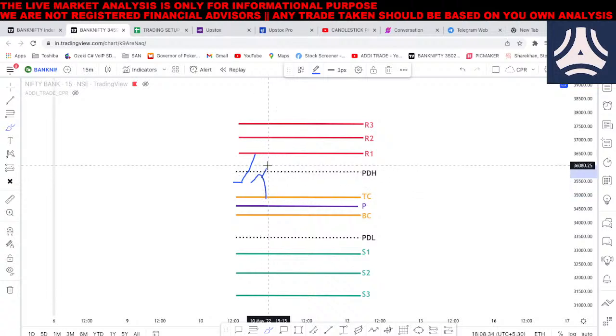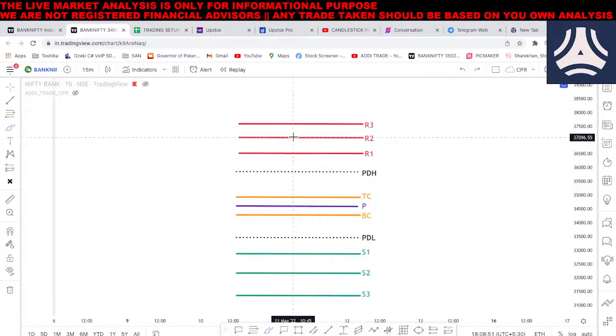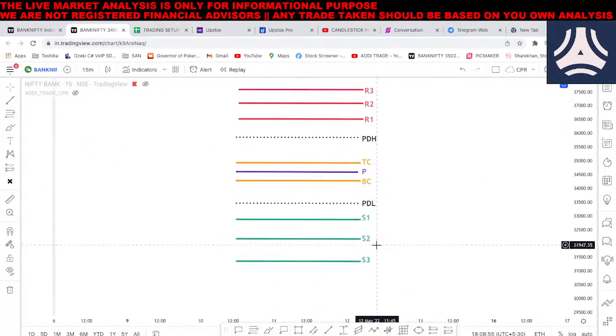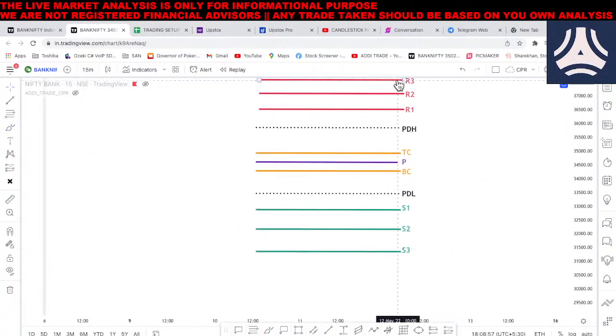It can go in this range, go a little above the previous day high and then fall, or go to R1, go a little above the R1 level and then fall. We'll take into consideration other things, how to determine whether it's going to be a reversal or a breakout. Even that will be explained.